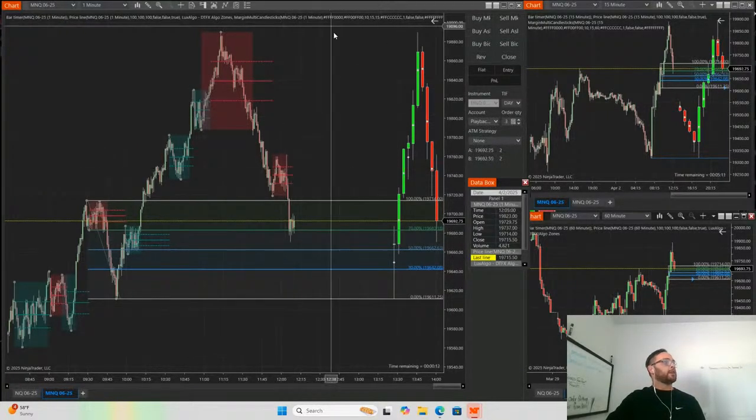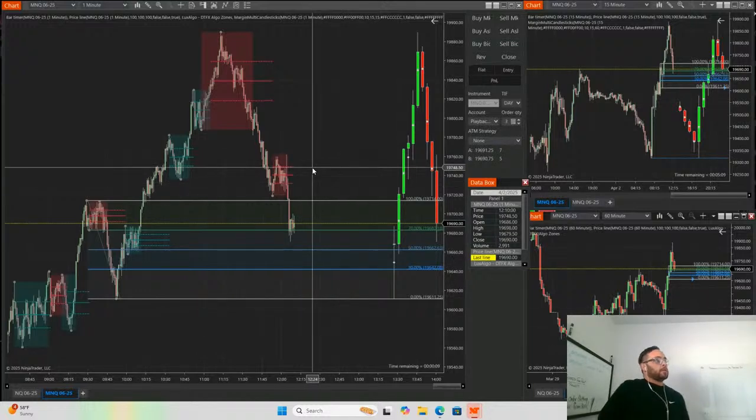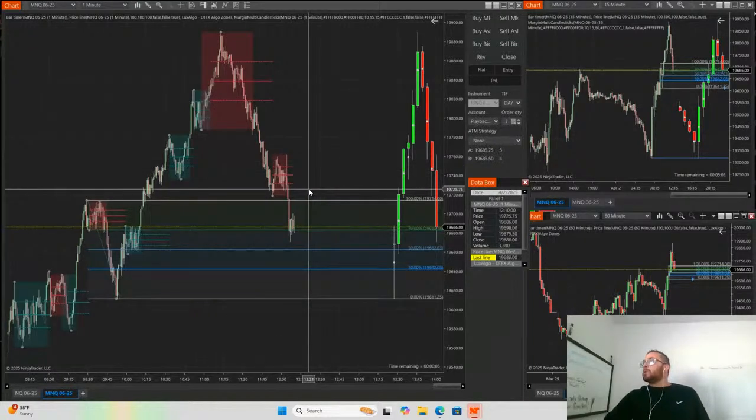You can see here to here, Lux Algo, DTFX, practicing, symbolizing rules, sweep.